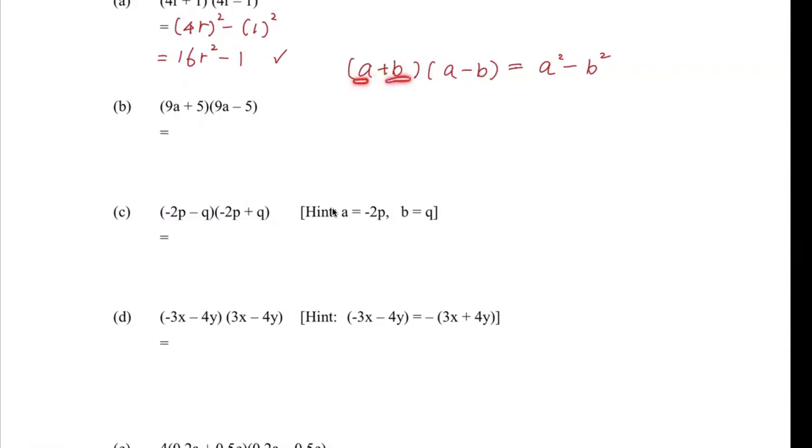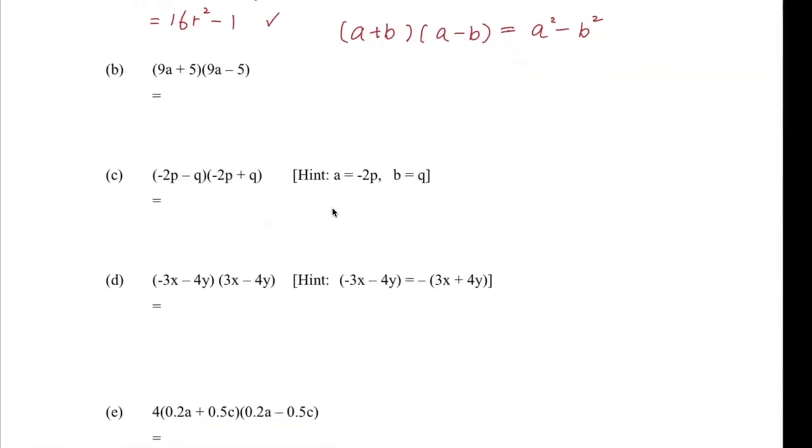A and B here just represent arbitrary expressions. So here, 9a plus 5 times 9a minus 5, the answer should be 9a squared minus 5 squared. The answer will be 81a squared minus 25. So that's the final answer.